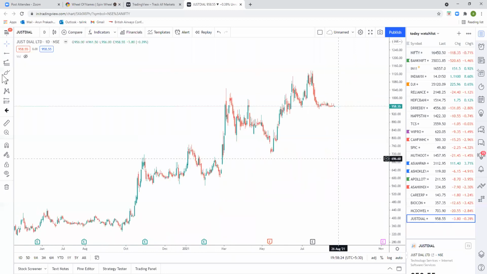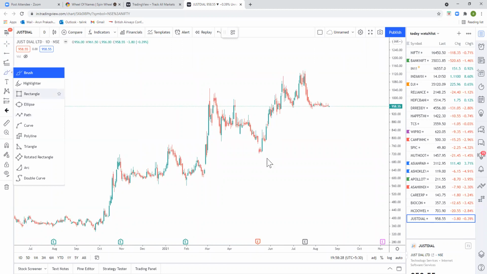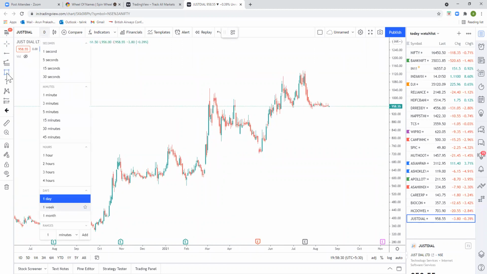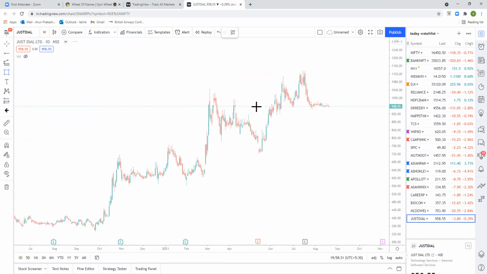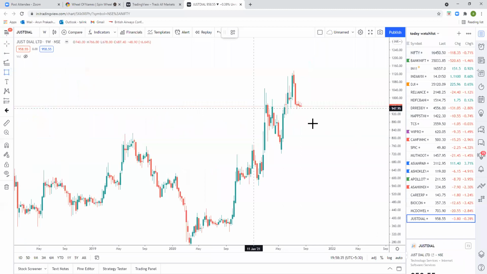So Just Dial is in an uptrend. This zone can act as a support. If it is closing below this, then you may have a fall also.